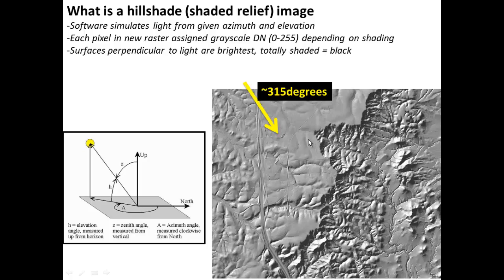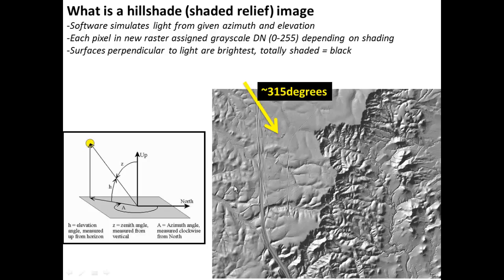If it is directly facing the sunlight and it's very bright, it will get a value of 255. And so then when we display those digital numbers as a grayscale, as we've done here, it actually appears to be topography, even though, again, it's just a raster of numbers from 0 to 255, where each one represents the brightness or shadow of that pixel.